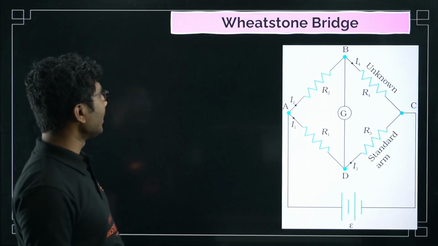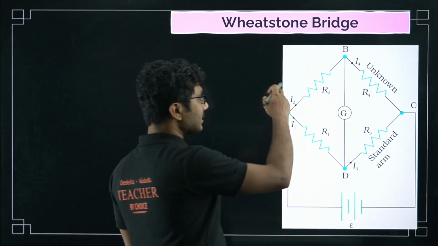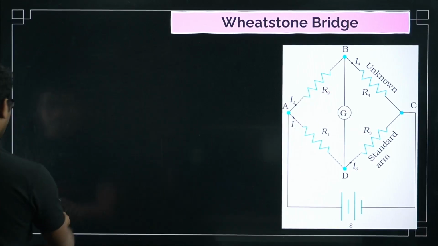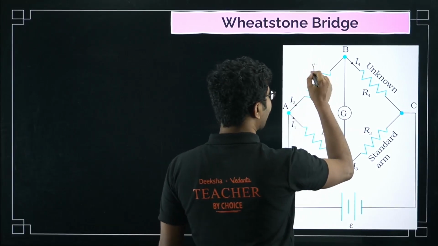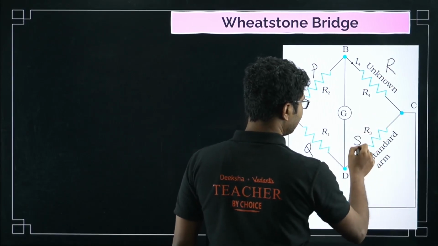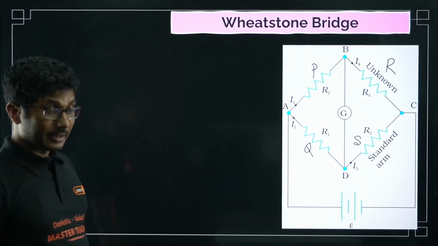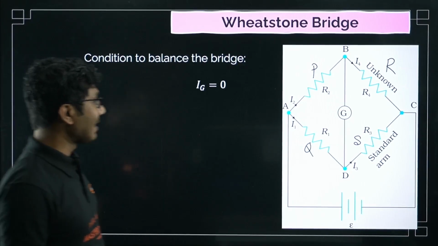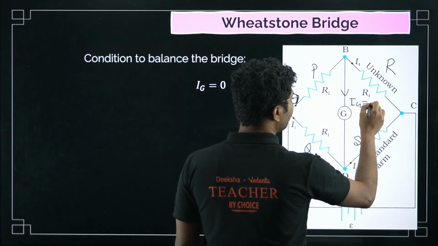Now let's move on to the next concept, that is Wheatstone bridge. Wheatstone bridge is the concept where we have 4 resistances, R1, R2, whatever way you can write. I have taken this diagram from your textbook. So P, Q, R, S. Generally this is the way I used to write, and the condition for balance is that there is no current through the galvanometer, so Ig through the galvanometer should be 0.